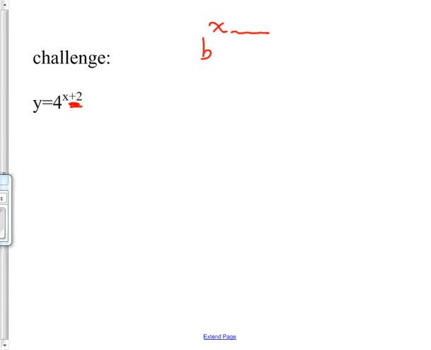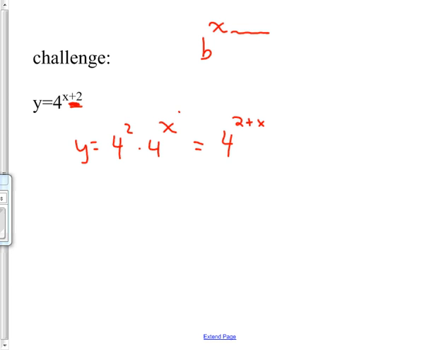All right, so the trick to this is to re-express this as y equals 4 squared times 4 to the x. Because we know, using our exponential rules, this is just 4 to the 2 plus x, or x plus 2.